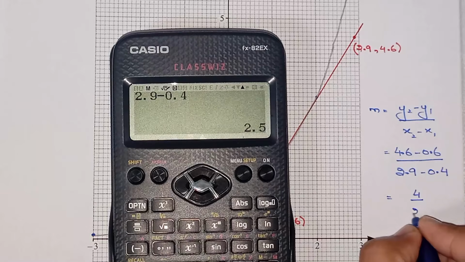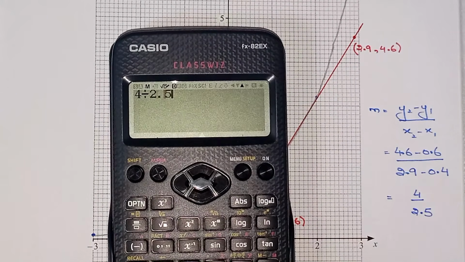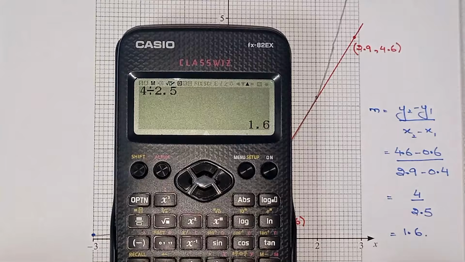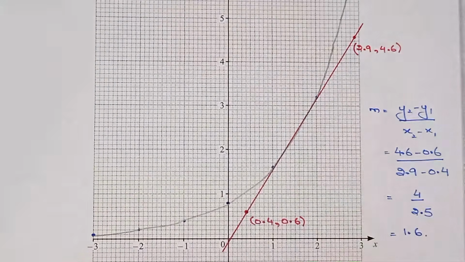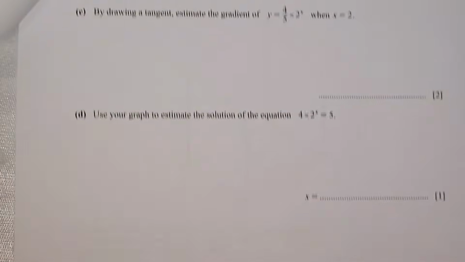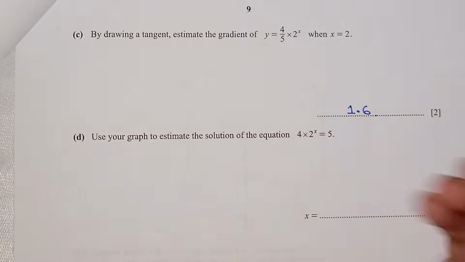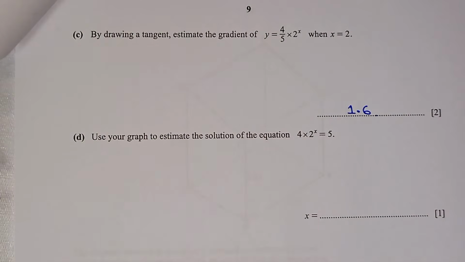This would be 2.5. So 4 divides 2.5 is 1.6. So this would be the gradient. The gradient can be different in your case. It depends upon the curve and the tangent you have drawn at x is equals to 2.